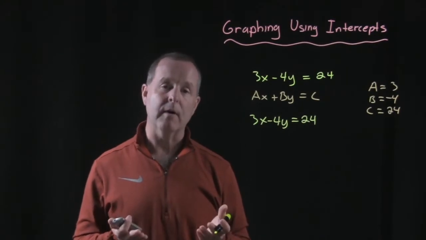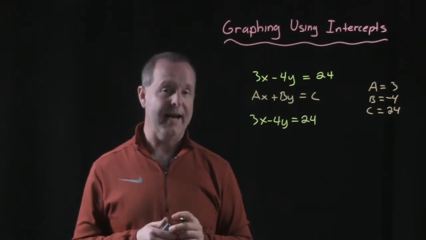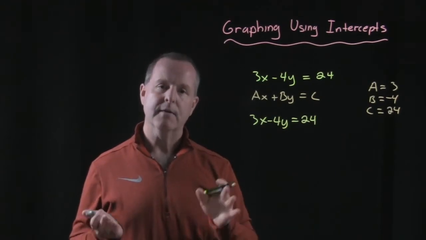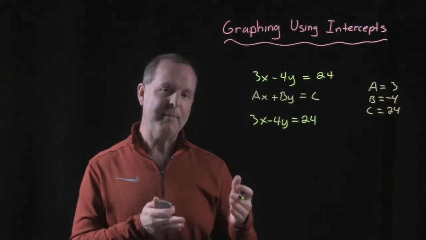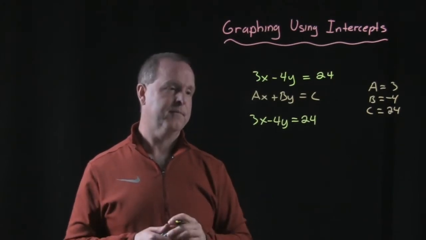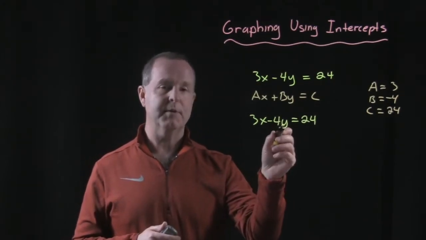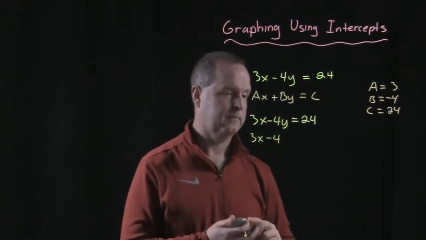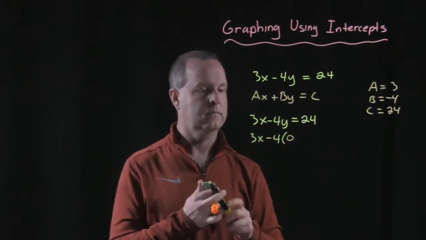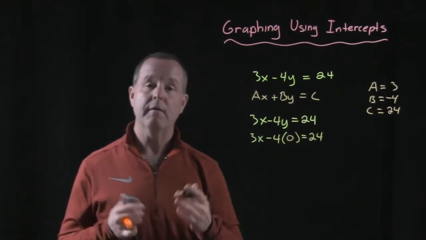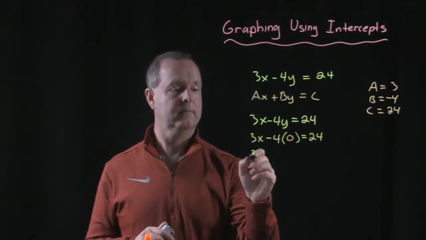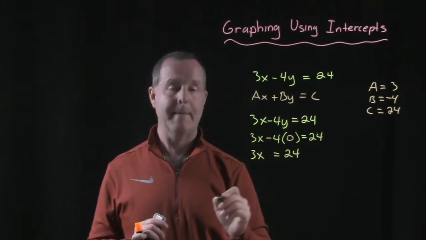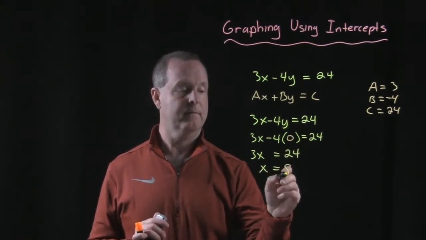So what do you remember about points on an x-axis? Which value is 0? That's right, the y value is 0, and that means it crosses the x-axis. So what we'll do then is substitute 0 in for the y and solve that for x. 3x minus 4 times 0 goes away. 3x equals 24, x equals 8.